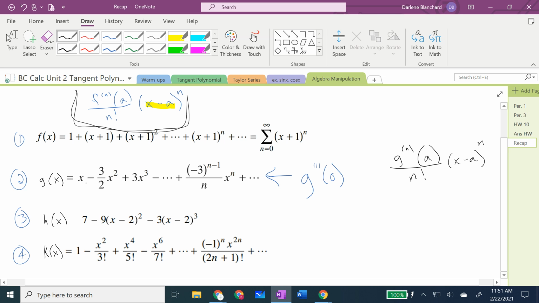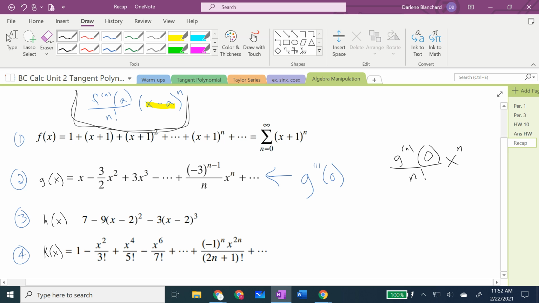If I know that my center is 0, then I'm going to replace all of my A's with 0. And I'm not going to use a parentheses. I'm just going to say x to the n. So that's if I'm specifically dealing with the center of 0.